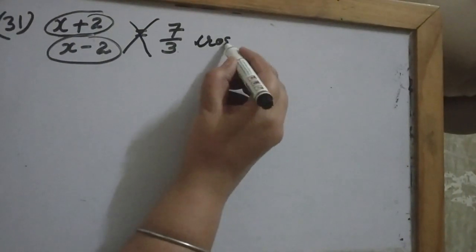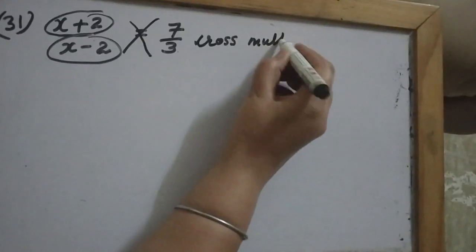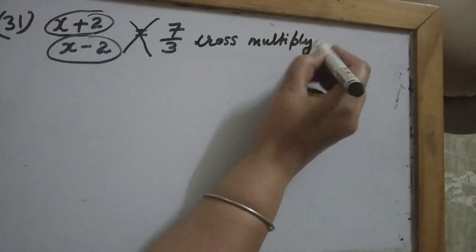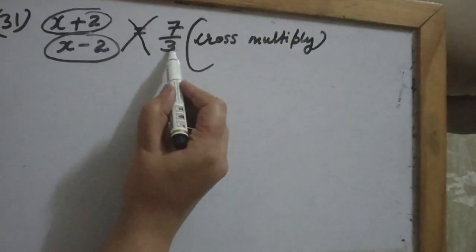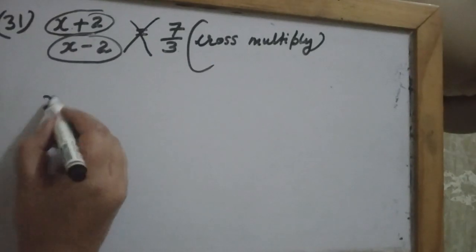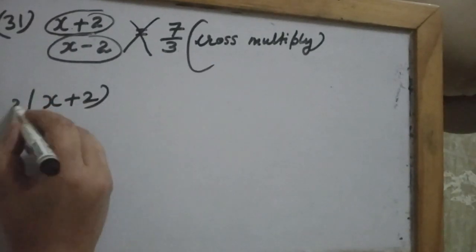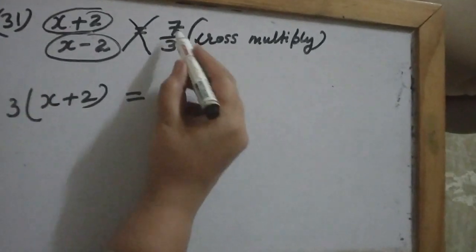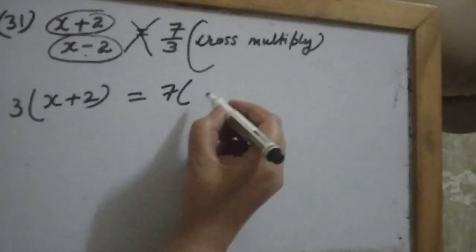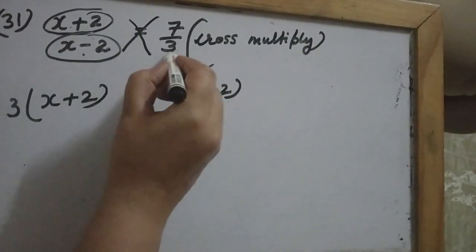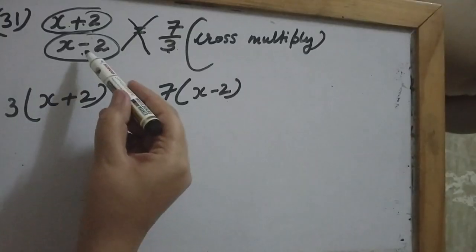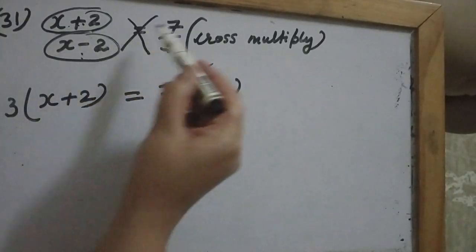You can also solve them by cross multiplication. So you cross multiply them, meaning this 3 and this you multiply together, and the other side you multiply 7 with this x minus 2.